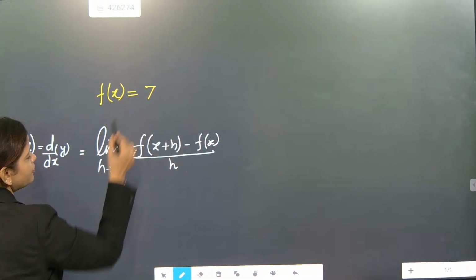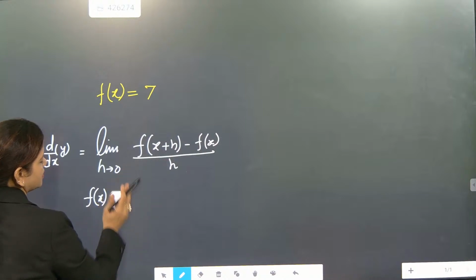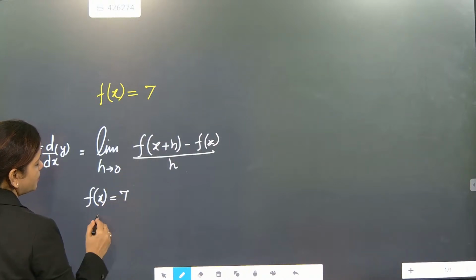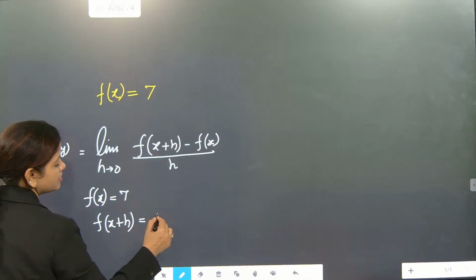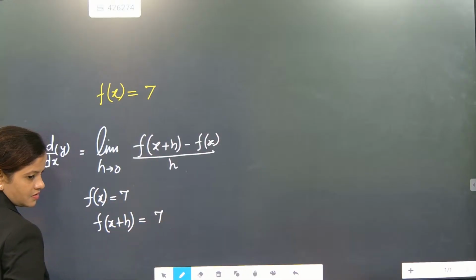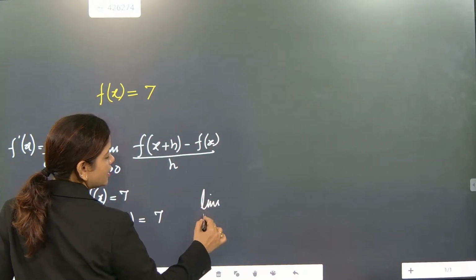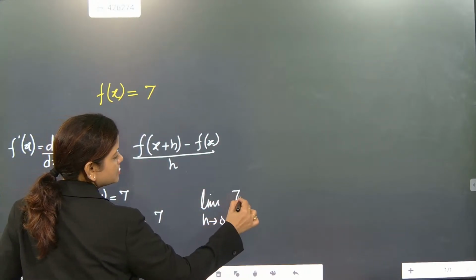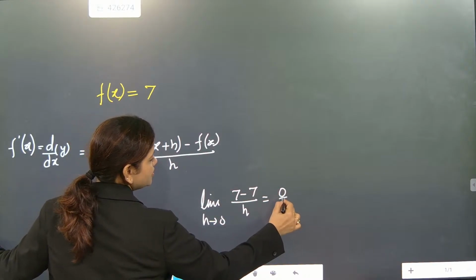Now beta, here f of x is 7. Then what will be f of x plus h? It is a constant, so it will also become 7. Understood? Now we substitute: limit h tends to 0, 7 minus 7 by h. The answer is coming as 0 by h.